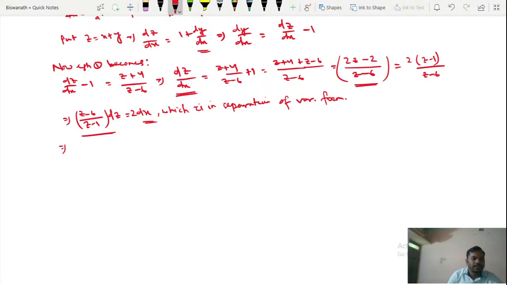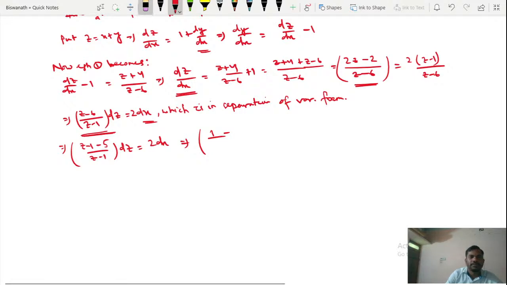You know how to integrate this, so I can write z minus 6 by z minus 1 as (z minus 1 minus 5) divided by (z minus 1) dz equal to 2 dx. This implies (z minus 1) by (z minus 1) will be 1, so the only thing left is 1 minus 5 divided by (z minus 1) dz equal to 2 dx.